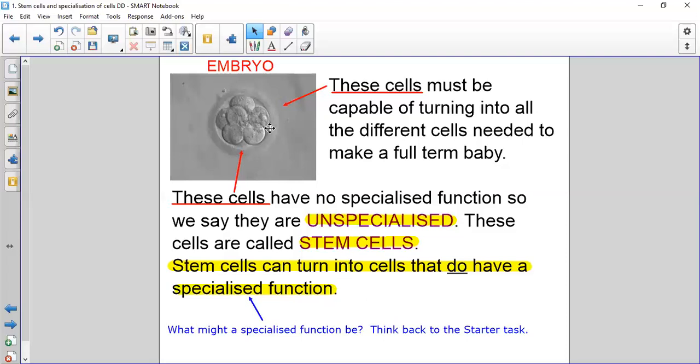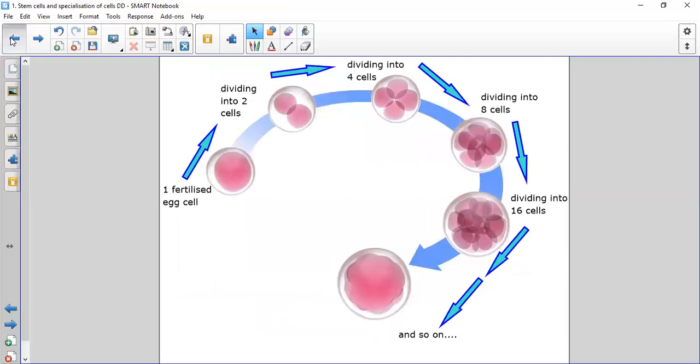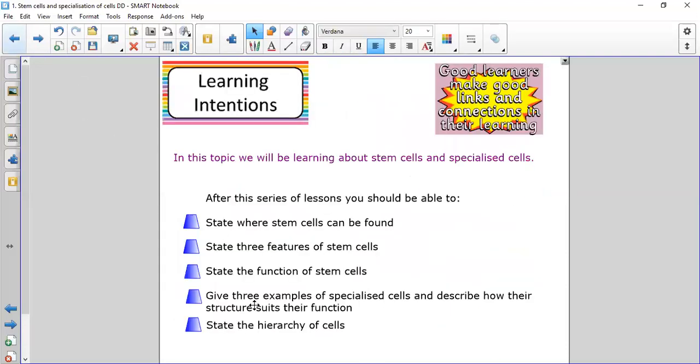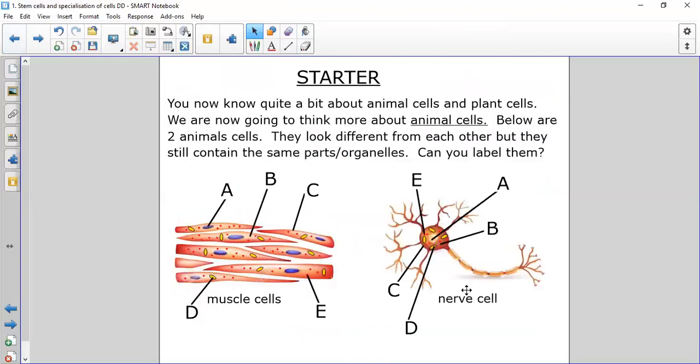So at the moment, these ones don't have any particular function, they don't have any particular job, they haven't become specialized, they are unspecialized. They can, though, turn into cells that are specialized. So if we think about what a specialized function might be, think back to the starter task, we had muscle cells here, and we have a nerve cell.